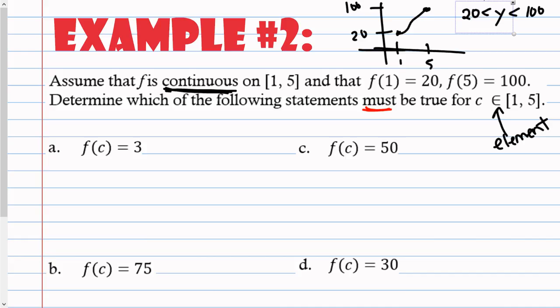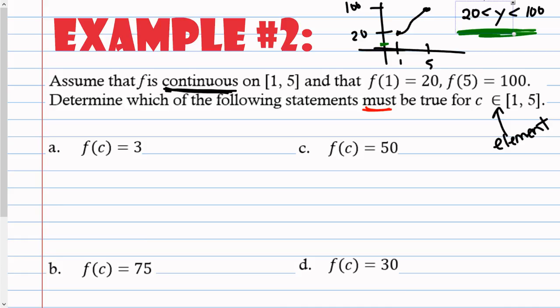Okay, so A says f of c equals 3. If f is continuous from 1 to 5, can my function equal 3 at any point between 1 and 5? Hopefully, if you paid attention to what I was saying about what my y values could be, you should see that no. 3 is down here somewhere, so I don't really know that my function ever goes that low.